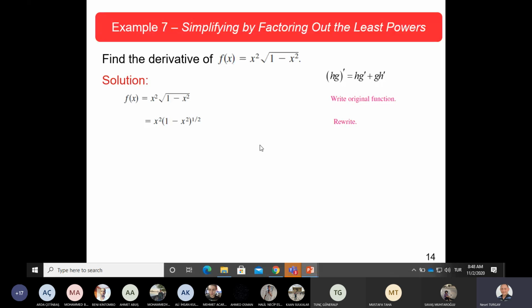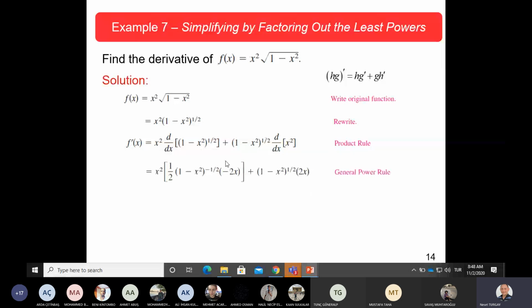We will use this formula. So h times the derivative of g, plus g times the derivative of h.